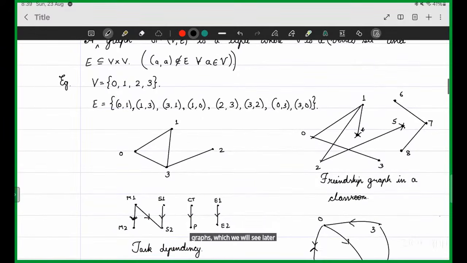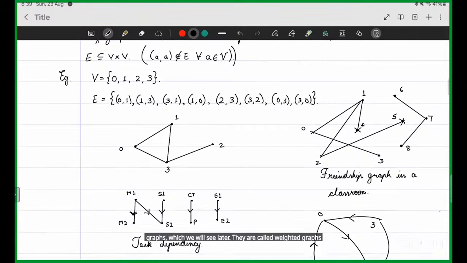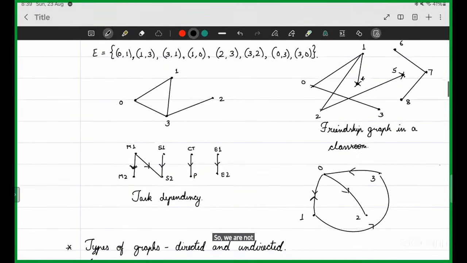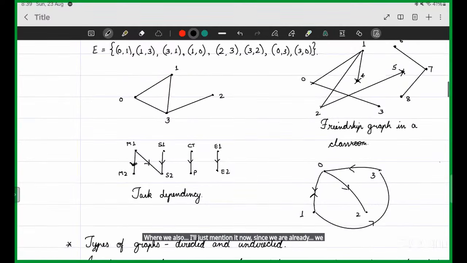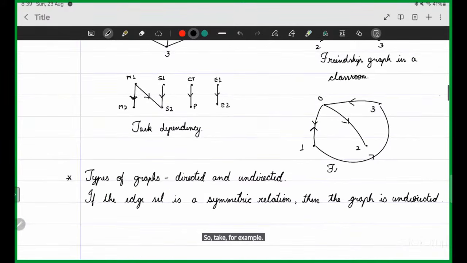Now, there is one more class of graphs which we will see later. They are called weighted graphs. We are not looking at weighted graphs for now, but I just mention it since we have already discussed a fair set of examples. Take, for example, flights between cities.